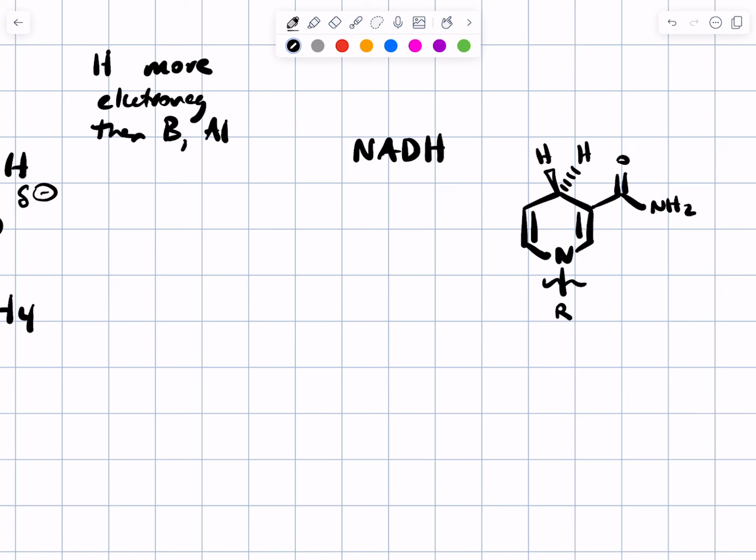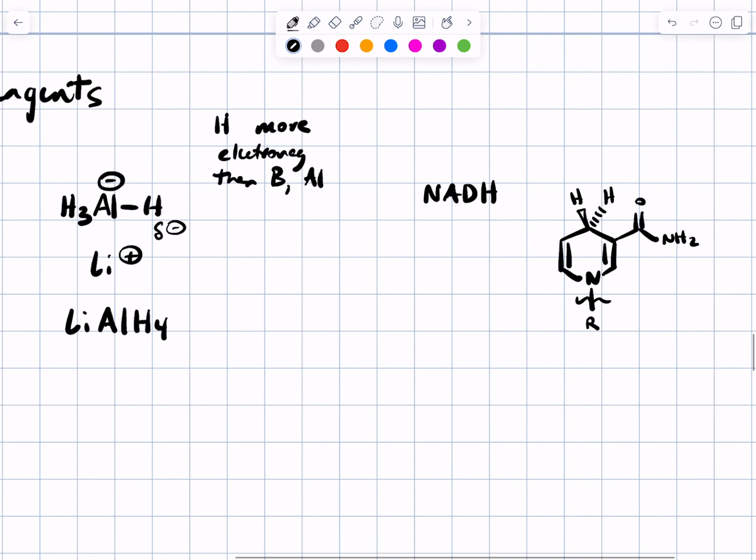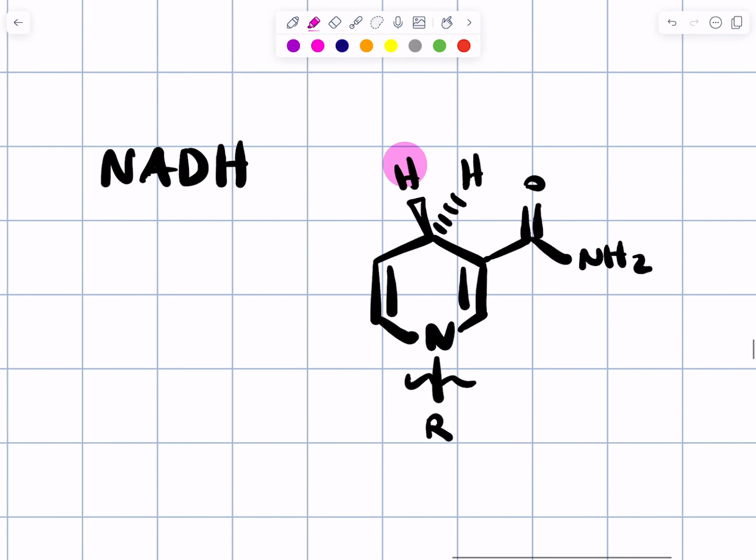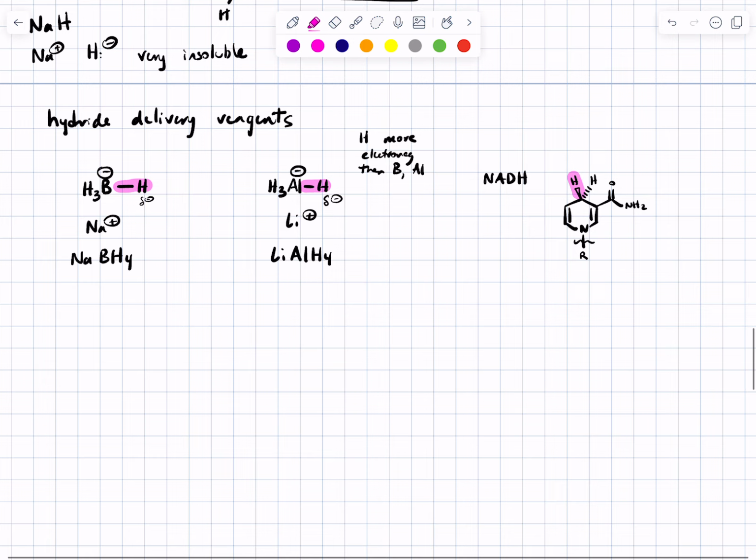Look it up. But in each of these cases, this is the hydride that gets delivered from aluminum hydride. This is the hydride that gets delivered from borohydride. One of these two hydrogens, and it depends on the reaction, is the one that gets delivered for nicotinamide adenine dinucleotide.